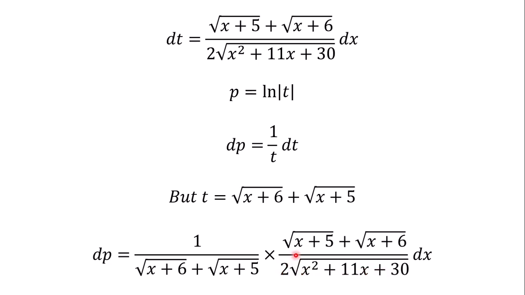Good. Here we can see that this and then this are the same. So this one will cancel out with this one, and we are going to get dp over dx equal to 1 over 2 times square root of x squared plus 11x plus 30.